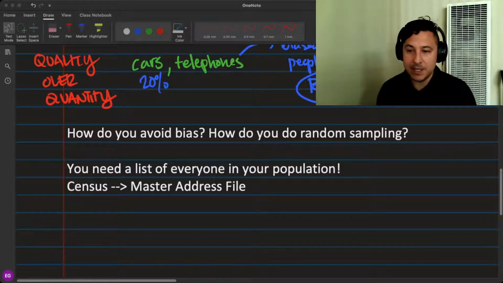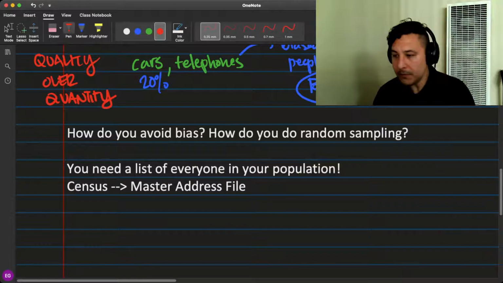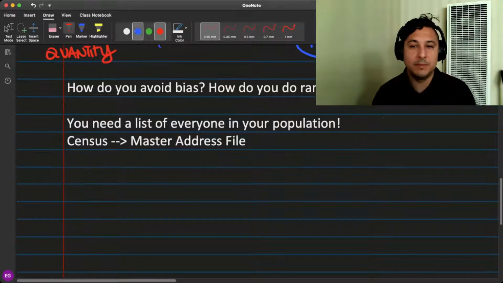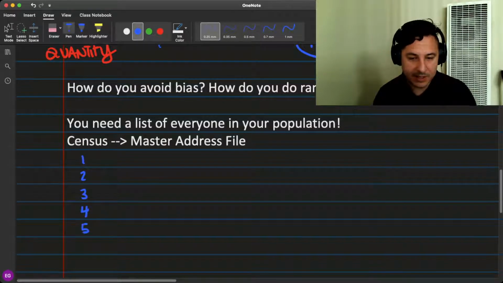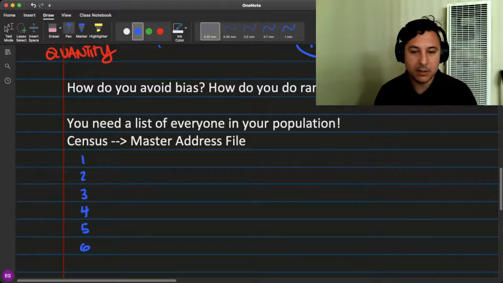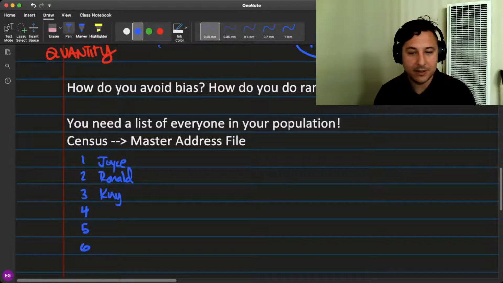So they have this big list. Let's imagine that their list only has 10 people. Or actually, let's do 5. Or how many lines am I going to have here? We'll do 6. So Joyce, Ronald, Kuya Mark, Broseph.